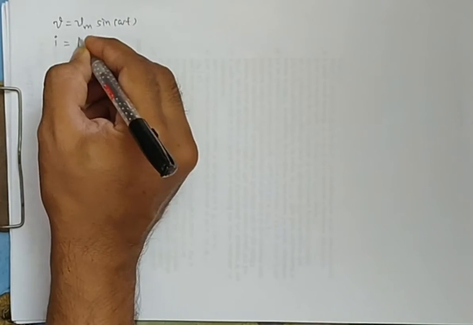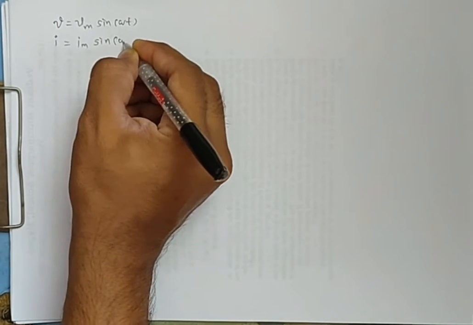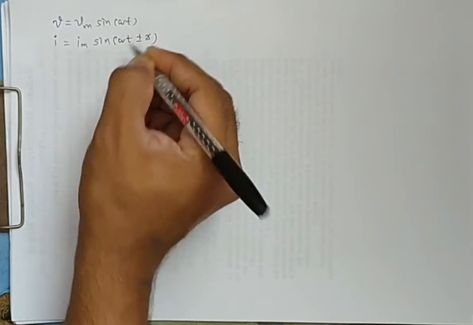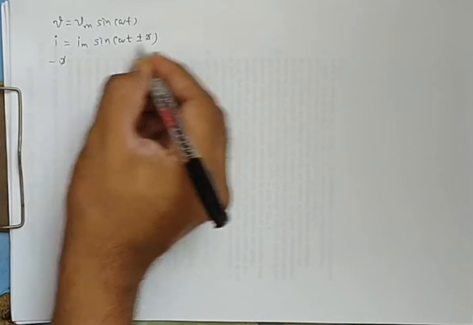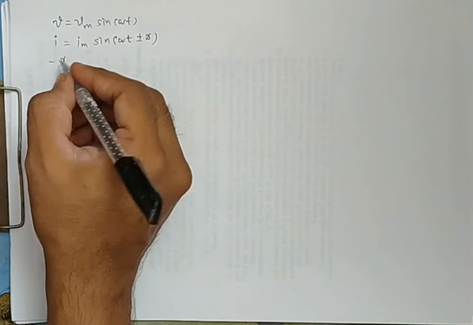So, if the current waveform is like this, omega t plus or minus phi, the angle present with omega t represents the phase difference.